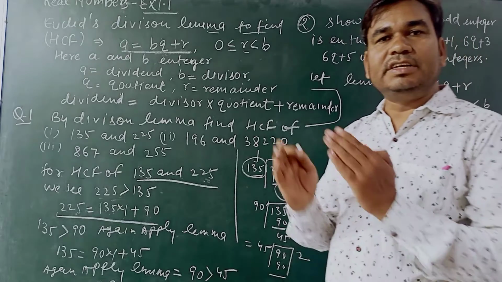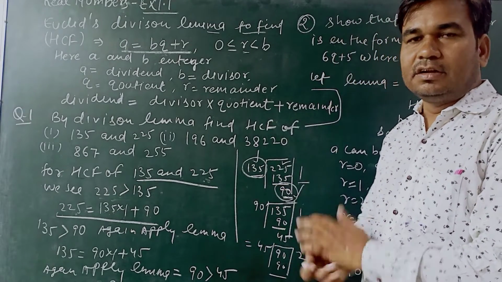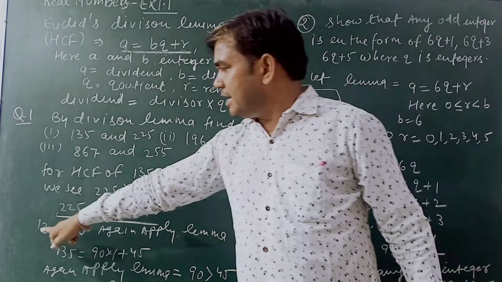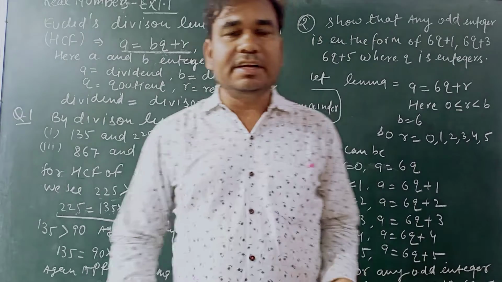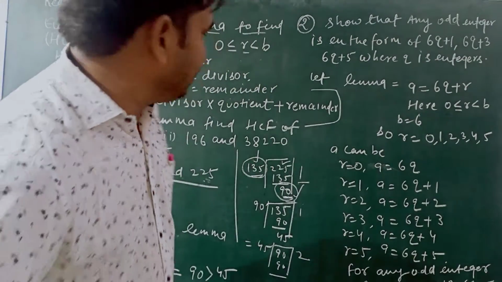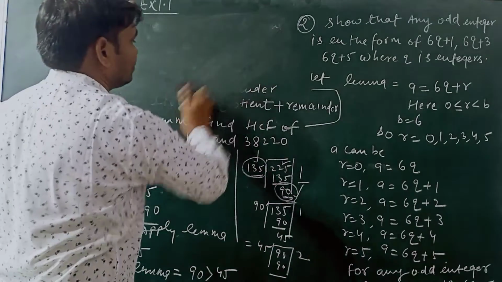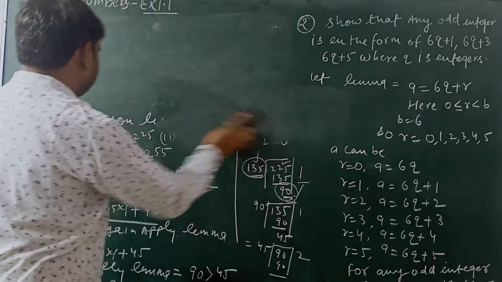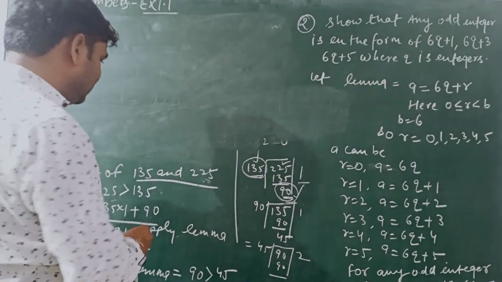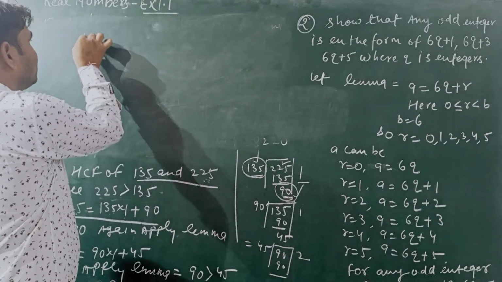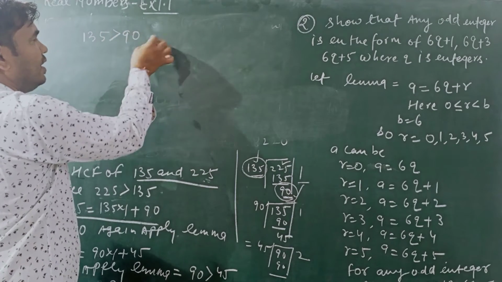For 135 and 90, 135 is greater than 90, so we apply the division lemma in the same way.